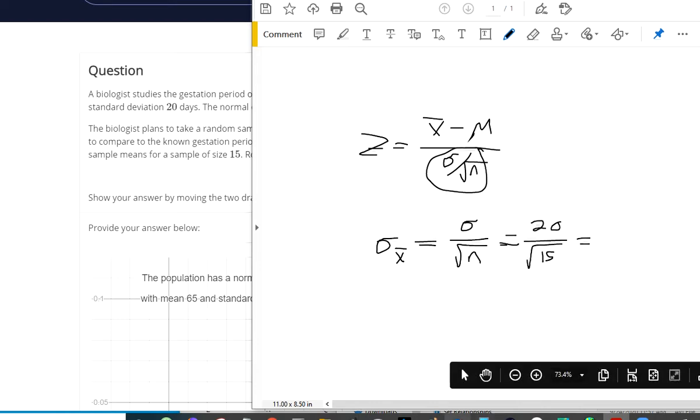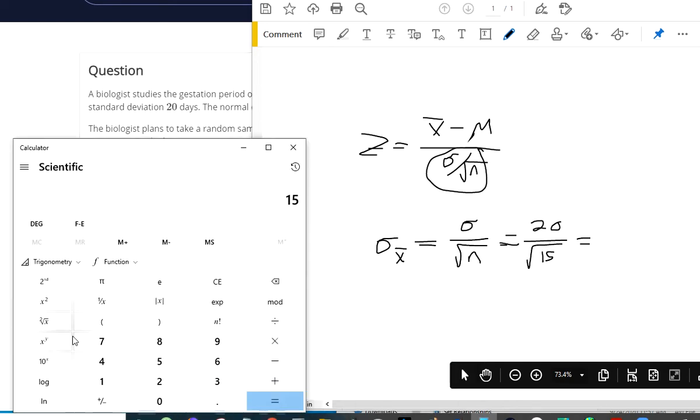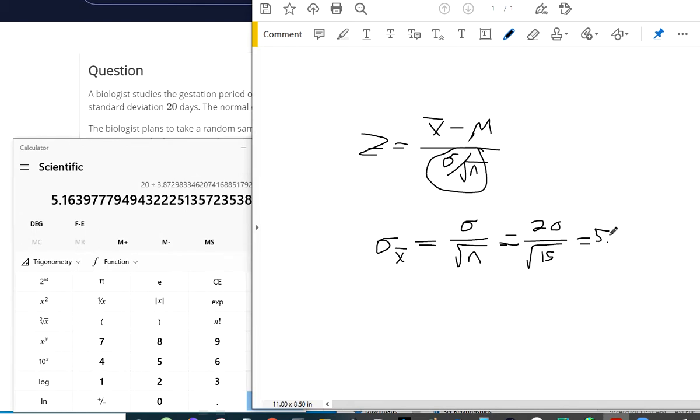So if we do this, the square root of 15 is 3.872, blah, blah, blah. And if we take 20 and divide by the square root, you get 5.16398. I'll round off there.